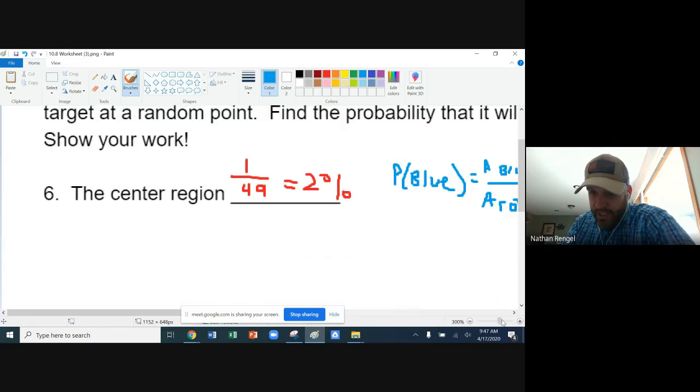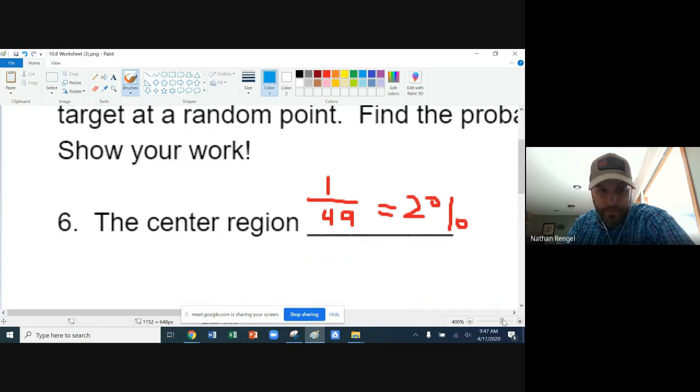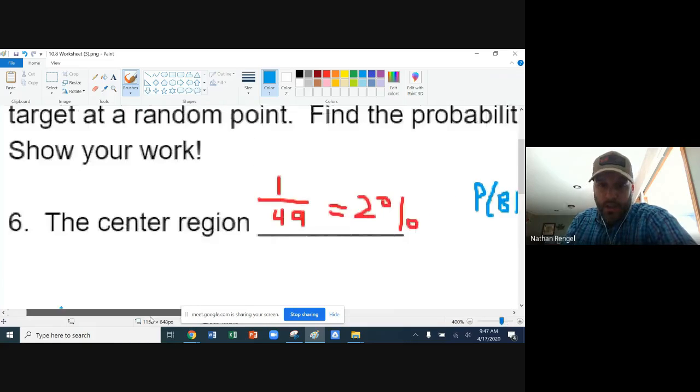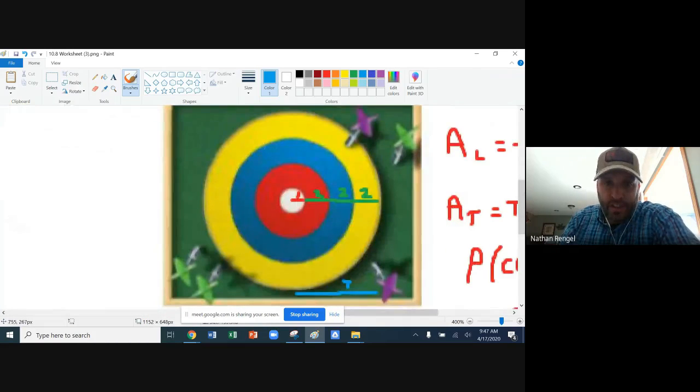So let's zoom back in and look at the blue. This blue region is a ring right here. If I included this whole piece as a circle, including the red and the white, I could find the area just by taking pi times 5 squared, which is 25 pi. But I don't want to include the area that represents the red and the white. That would be a circle with a radius of 3.